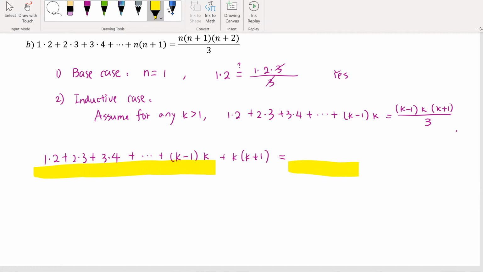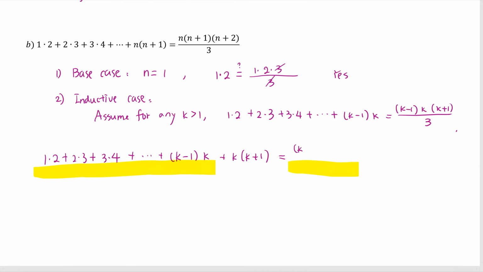It equals k minus 1 times k times k plus 1 over 3. We still have one more term, k plus 1. Do you see any common factor? Do you see the common factor k times k plus 1? If you see a common factor, factor that out.